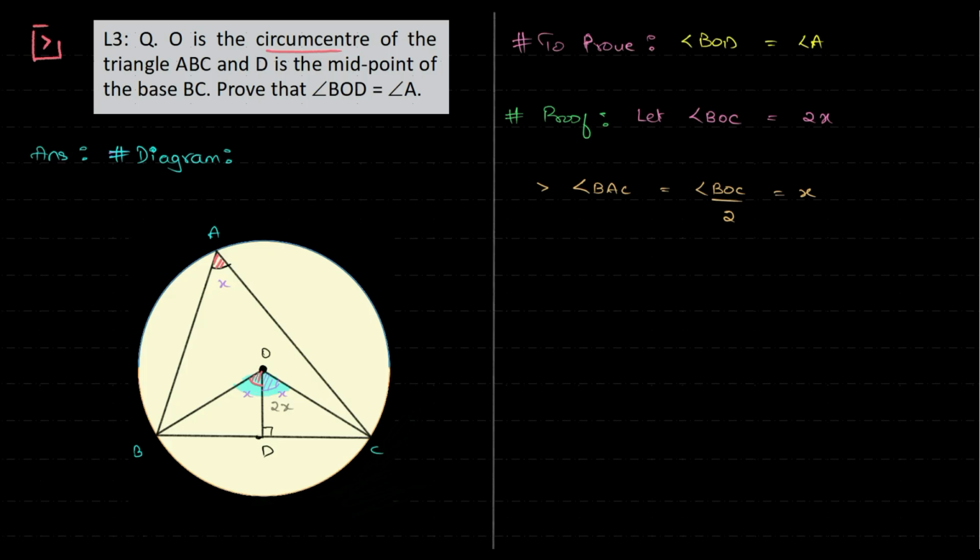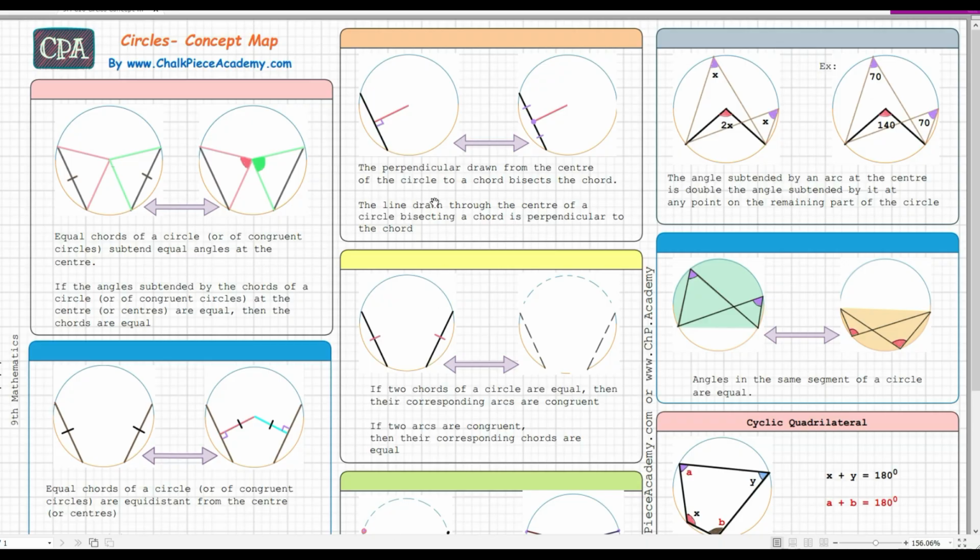But why is it so? Quite simple. We have here the angle subtended by an arc at the center is equal to double the angle subtended by it at any point on the remaining part of the circle.